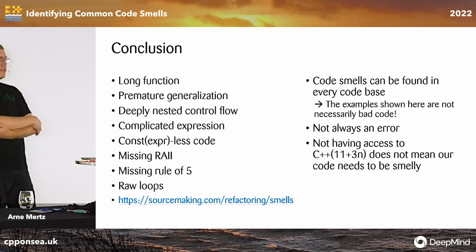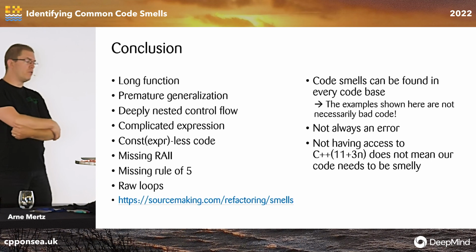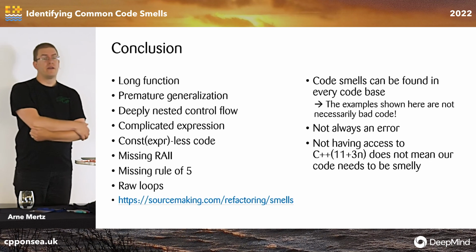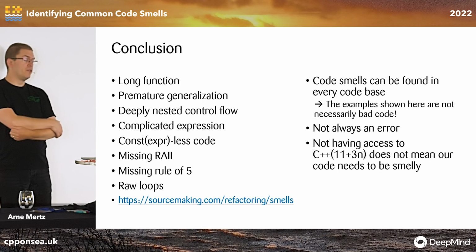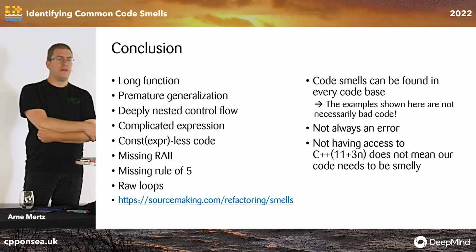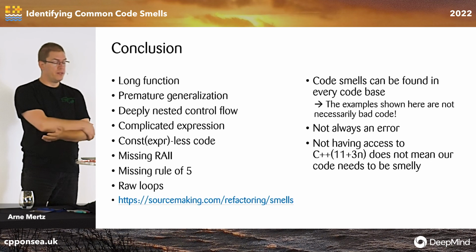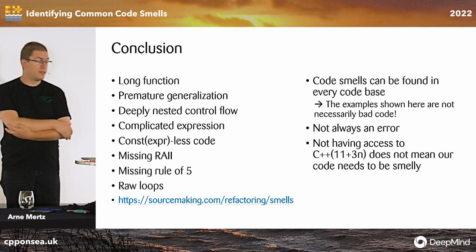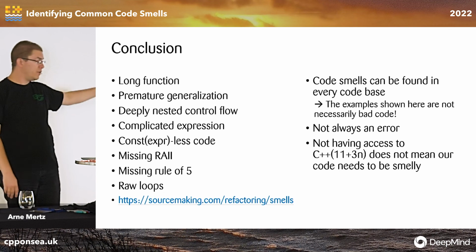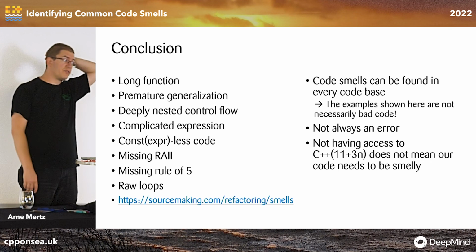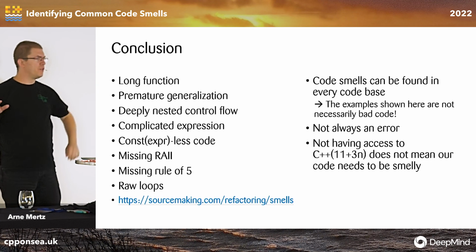Then we had a few C++ smells: code that is missing constexpr or const, code that is missing RAII, code that is missing the rule of 5, or even better, the rule of 0, and the raw loops or the range for loops, so missing algorithms. For the first smells, I have this link down here, sourcemaking.com, which contains a list of smells, I think about 30, 40 smells.